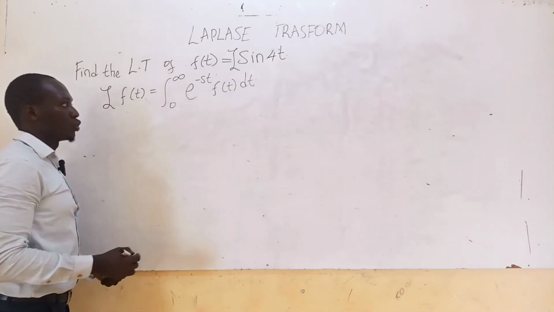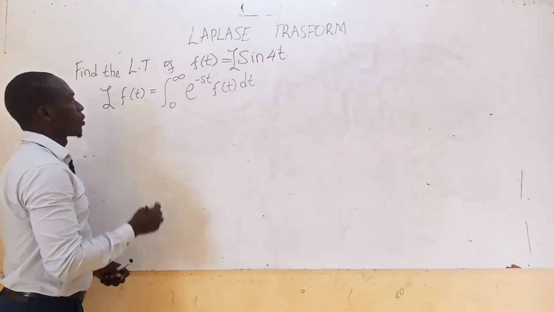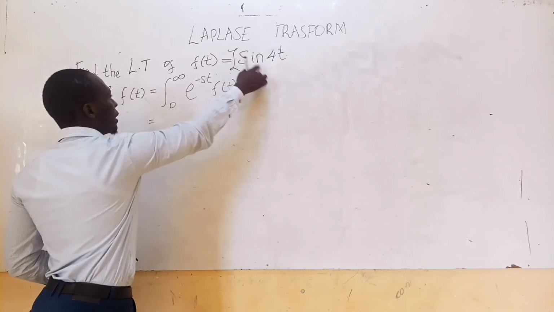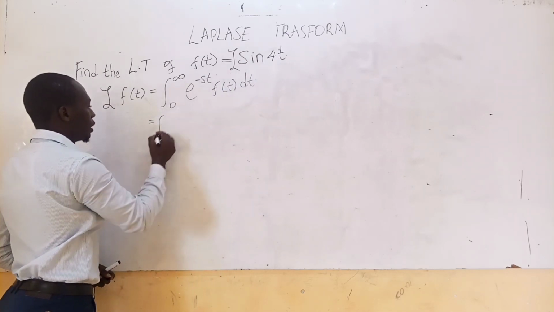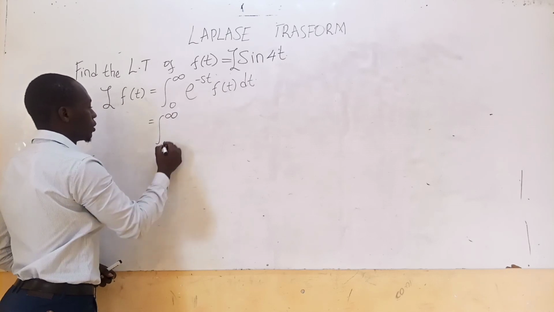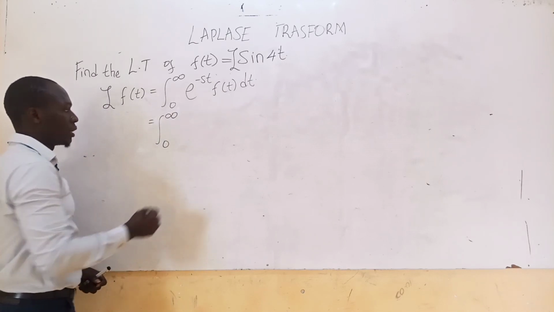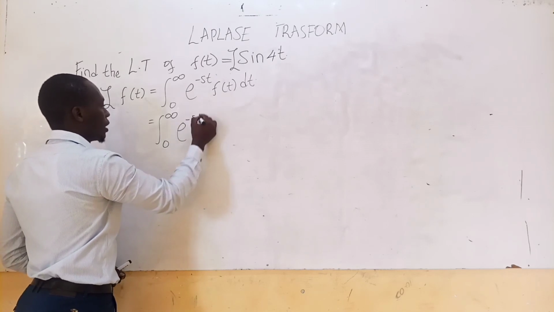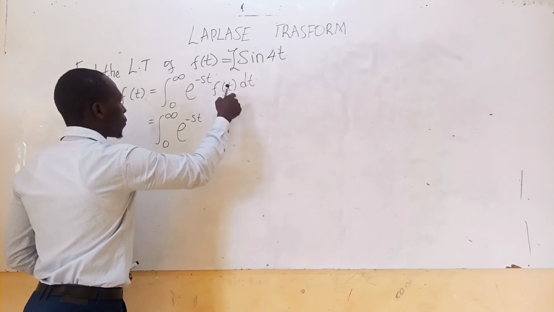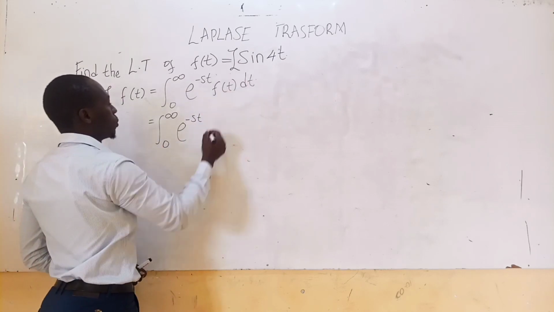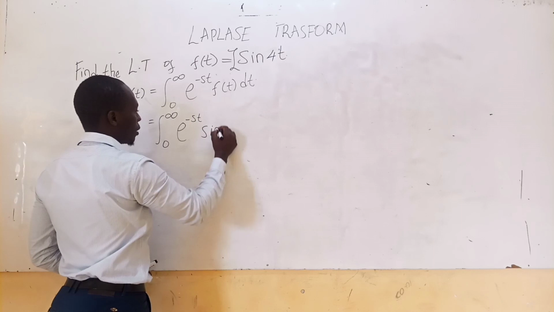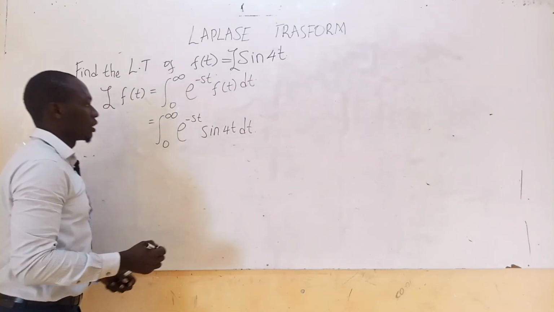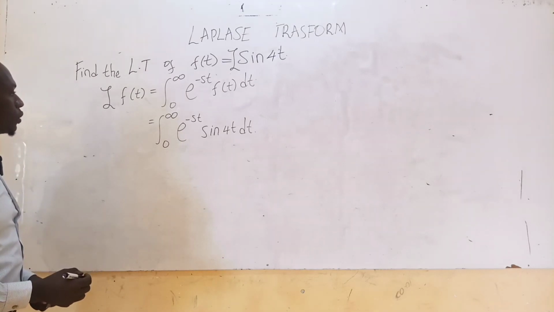Our integration is with respect to dt. From here we are going to replace our function f of t with sine 4t, and we are going to have our integration with respect to our limits, exponential negative st, our function f of t is equal to sine 4t, and our integration is with respect to dt.